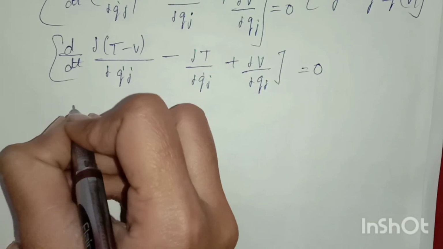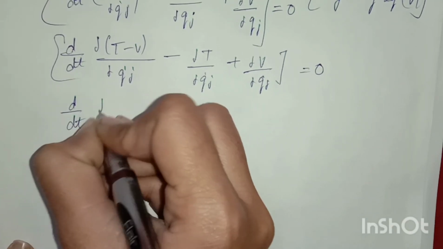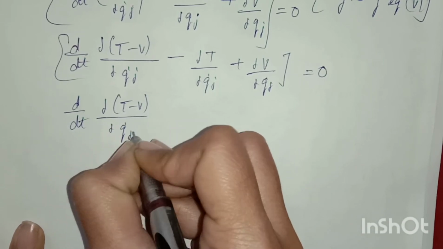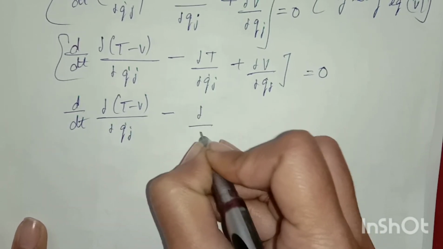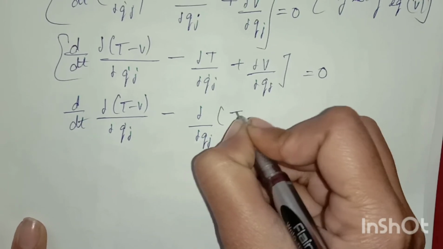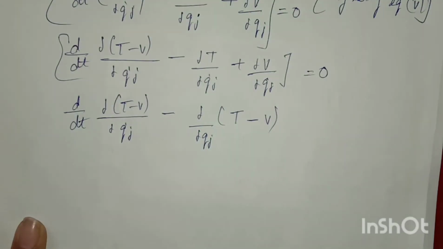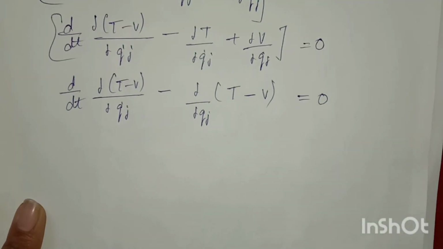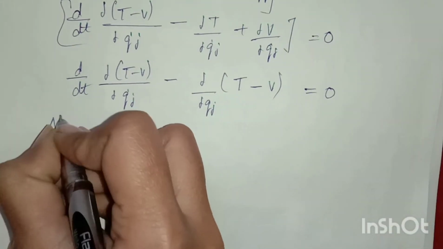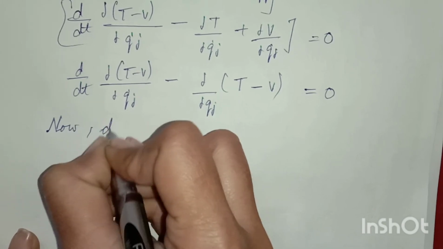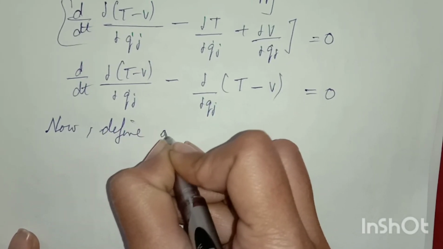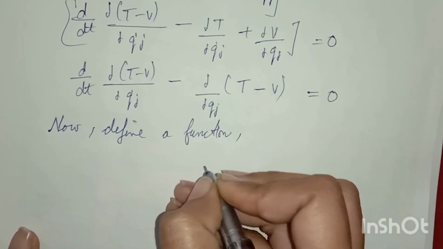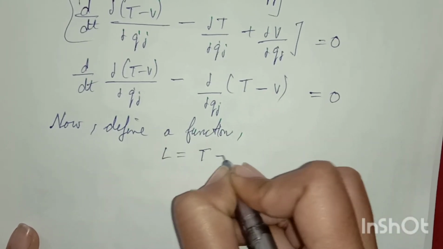So we can write d/dt ∂(T−V)/∂q̇_j minus ∂(T−V)/∂q_j is equal to 0. Now we have to define a function. Now define a function in terms of Lagrangians. So L is equal to T minus V.